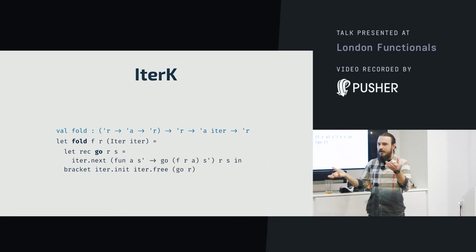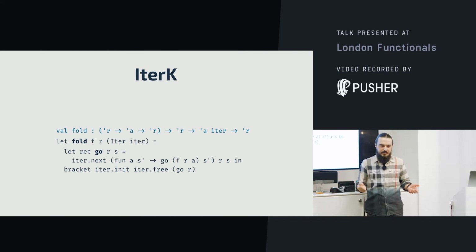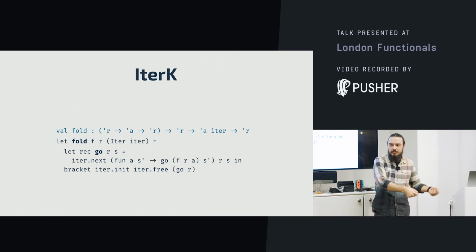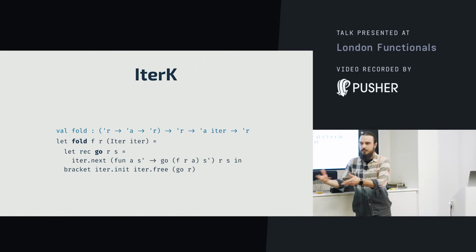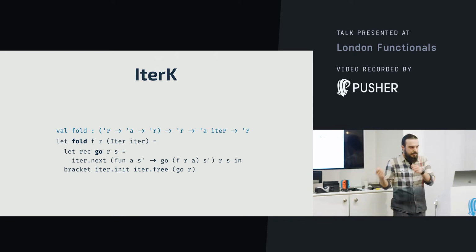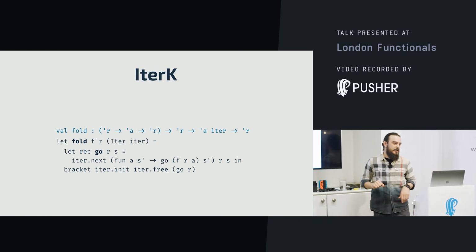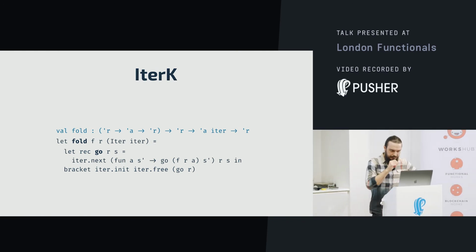So go is like the balancing thing between the state and the result. The state is like the bucket with some input, and the R is the bucket with some output. And go is kind of responsible for taking stuff from the S bucket and putting things through the F function to the result bucket.